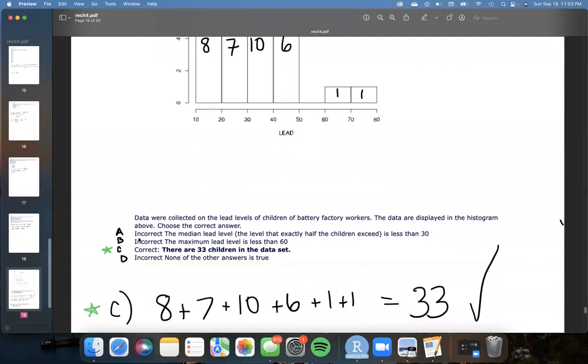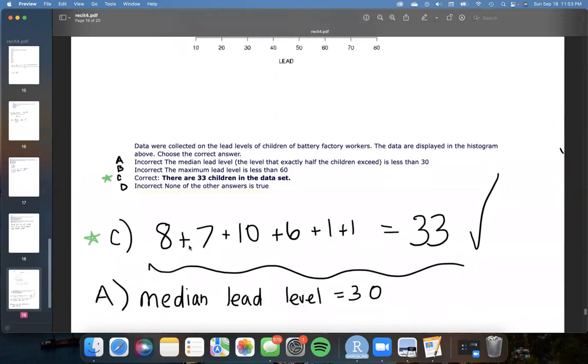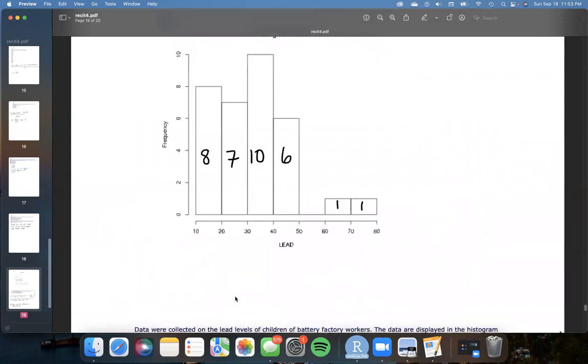What I labeled A says the median lead level, the level that exactly half the children exceed, is less than 30. The median lead level is actually not less than 30, because if I cross off the lows and cross off the highs and so on and find that middle number, I can cross off this 8 and then this 8, because 6 plus 1 plus 1 is 8.